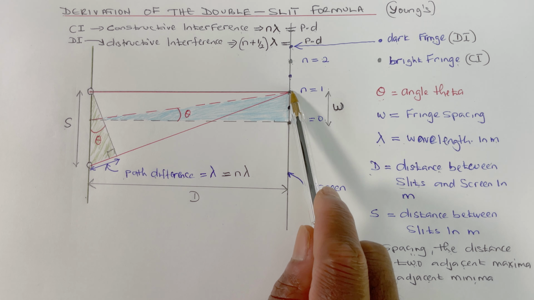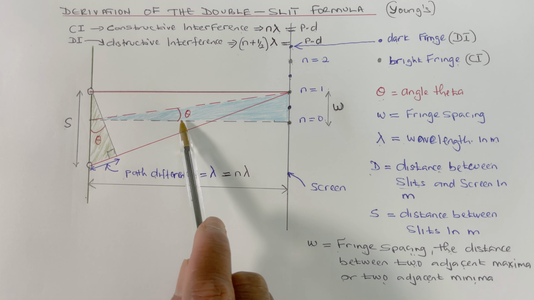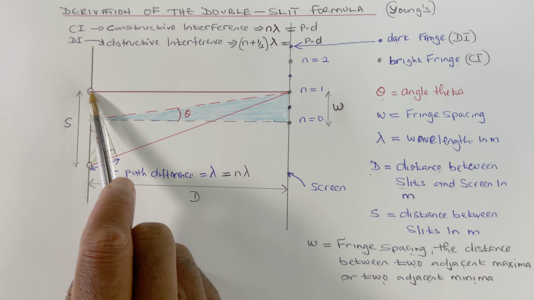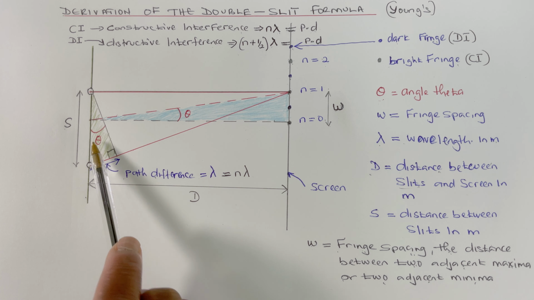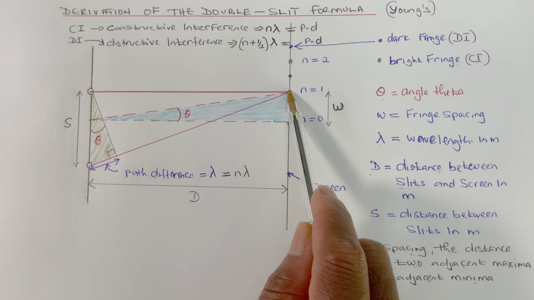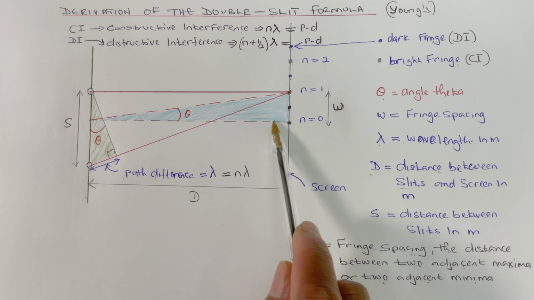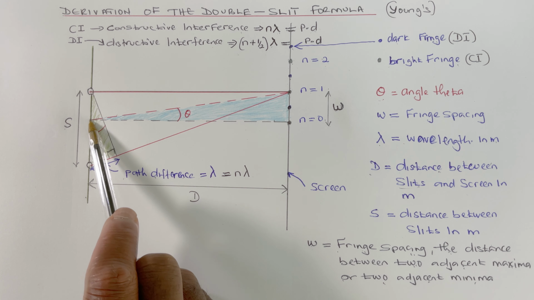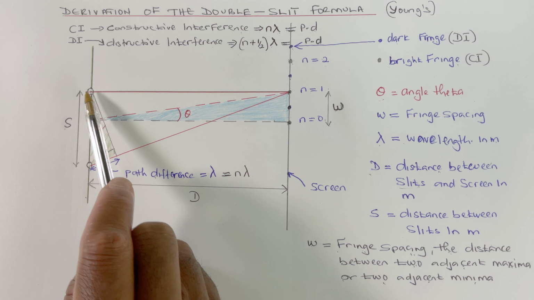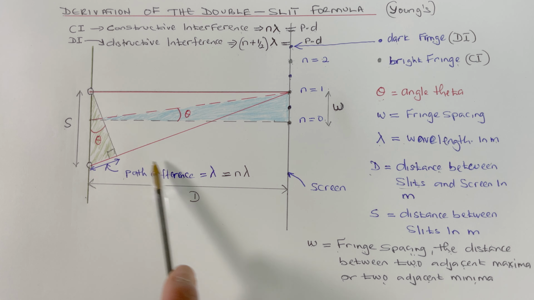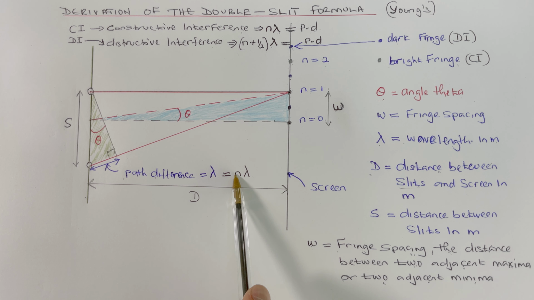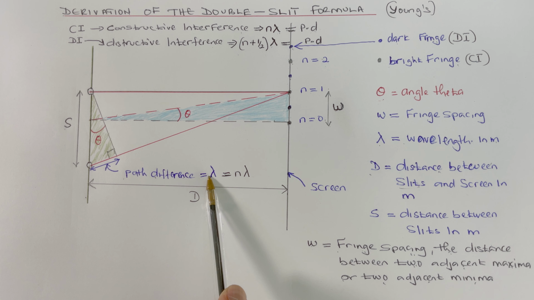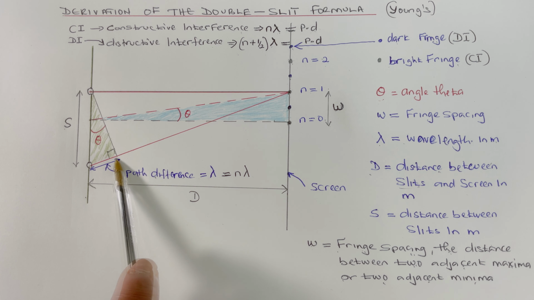If I go from there to there, it will subtend an angle theta, and that angle is also theta. Because I've done n equals 1, the path difference is just lambda.